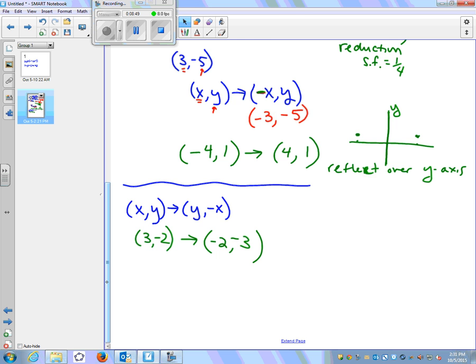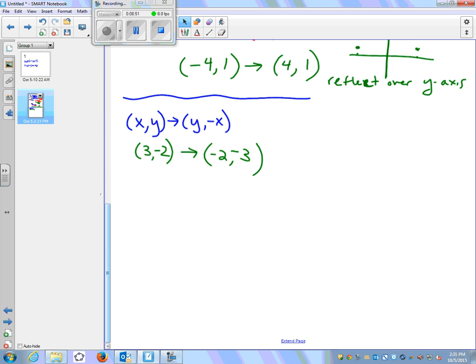You won't have to find the missing side. You do need to find the scale factor. Let's do one of those.